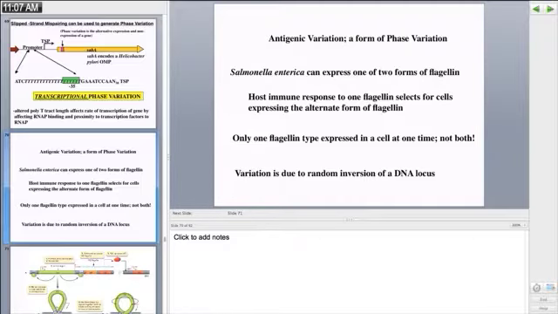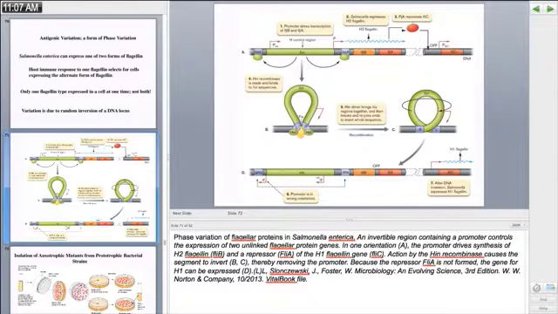The bacterial population will, at some frequency, without any prompting, without any design, produce some fragment of the population which is expressing the other form of flagellin. And then natural selection occurs. So if you have an antibody against one form, it kills that population and allows the other population to now predominate. But that switch is not driven by any environmental stimulus. It's a very common misconception.